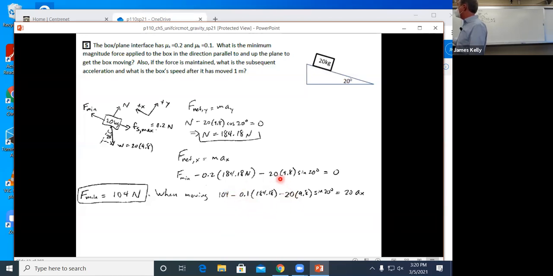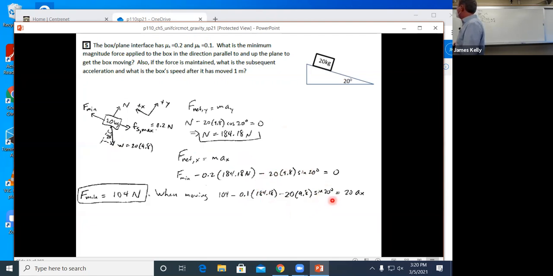You could check if you wanted, but the normal force doesn't change because nothing with a non-zero y component changed in this. So F net y equals m a y is exactly like it was before. And then here is the x component of the weight force. It also comes in with a minus sign.